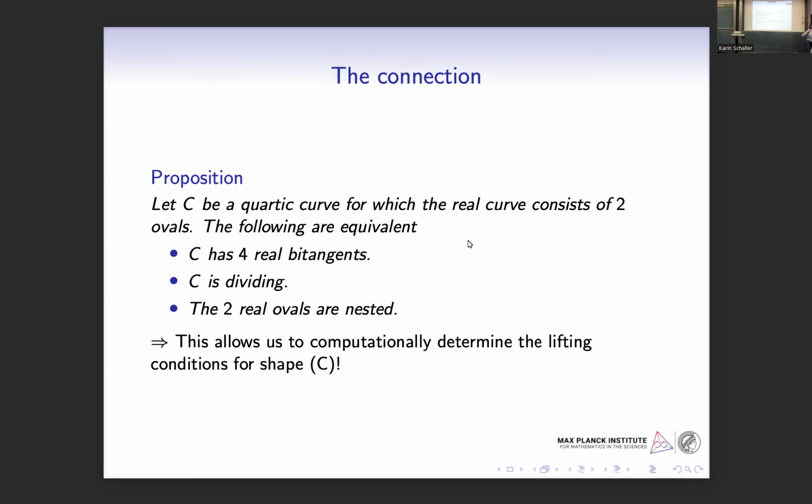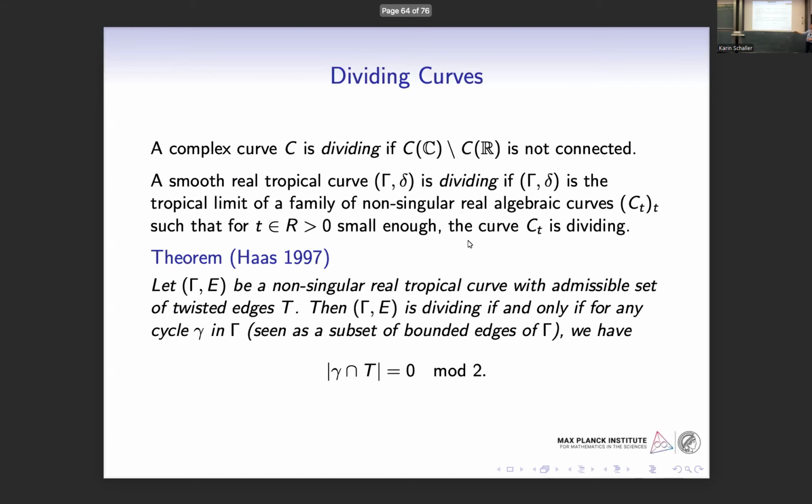And here is finally the connection. Why twisted edges? Why dividing, right? If I have a tropical quartic curve with two ovals, then these two ovals are nested if and only if my curve is dividing. And that's kind of like last week. Remember, we needed the twisted edges to be able to determine whether the tropical curve is dividing.